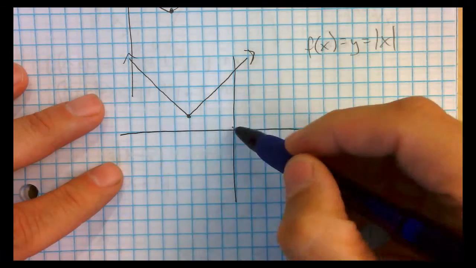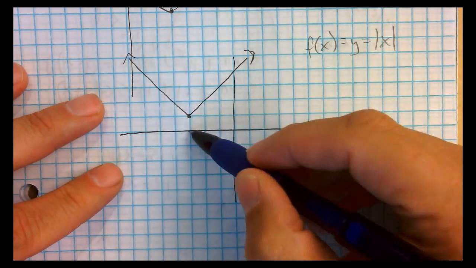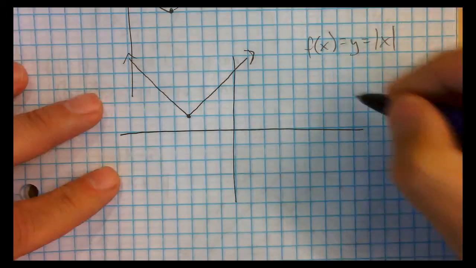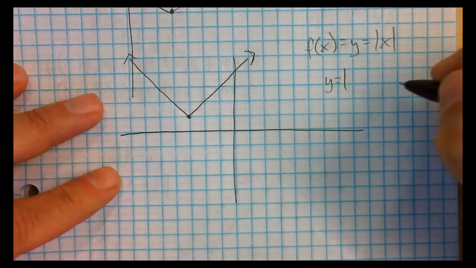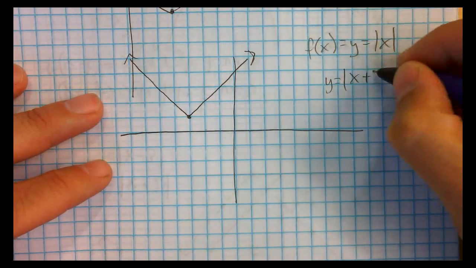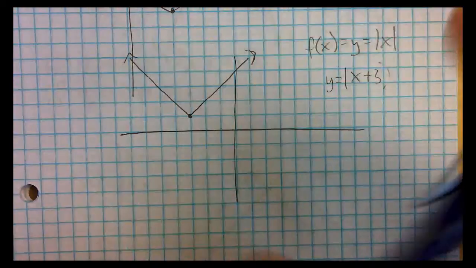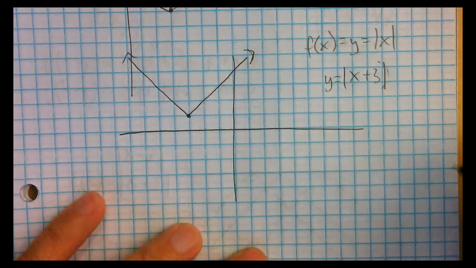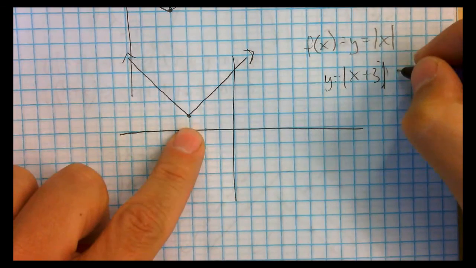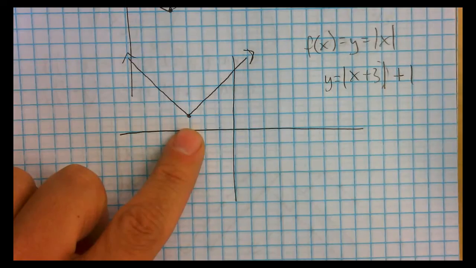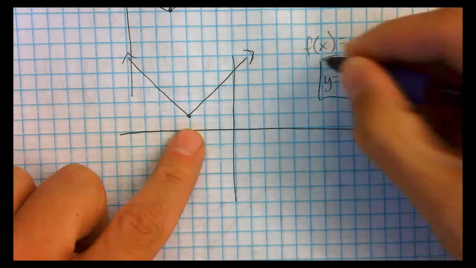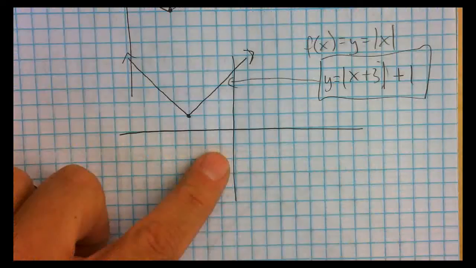But I know that this point is shifted 3 to the left and up 1. All right, well, how do I shift it 3 to the left? I put x plus 3 in the absolute value, and then to shift it up 1, I put a plus 1 at the end. So this would be the equation of that.